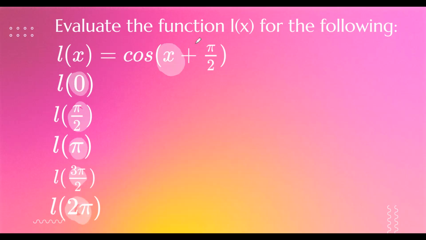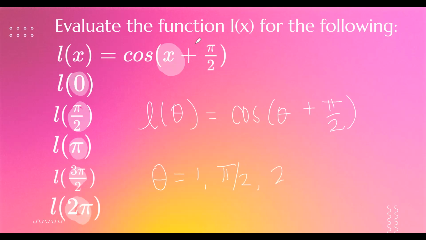Or I could have also said, maybe I defined L of x to look like this. Actually, instead of calling it L of x, what if I called it L of theta, of cosine of theta plus pi over 2? And I could have said to find theta at 1 pi over 2, 2 pi, 3 pi over 2, just making up random stuff.